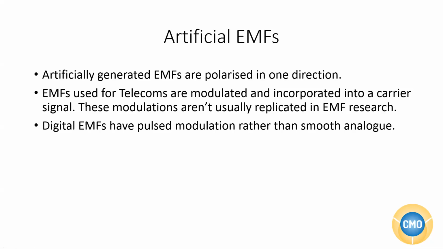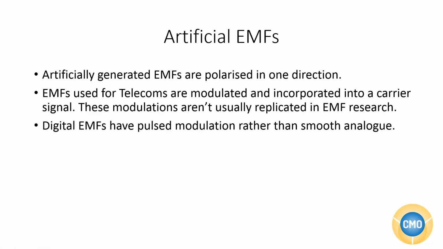So digital electromagnetic fields have pulsed modulation rather than a smooth analog. If you think about a binary system, it's either a 1 or a 0, there's nothing in between. So you get very sharp spikes and rises in pulses, and very sharp drop-off as well.